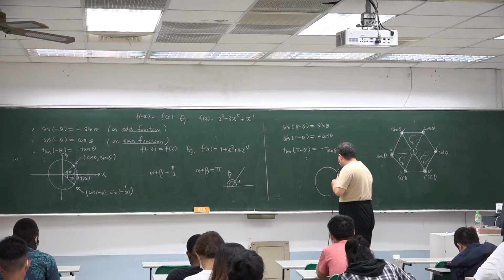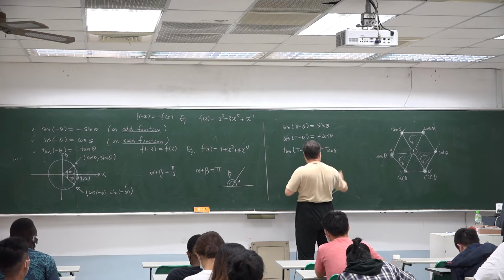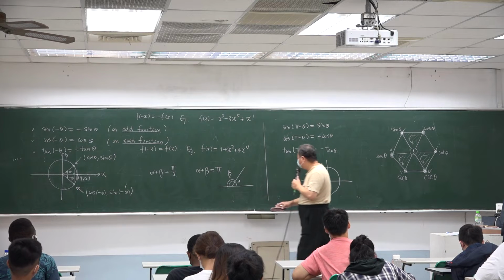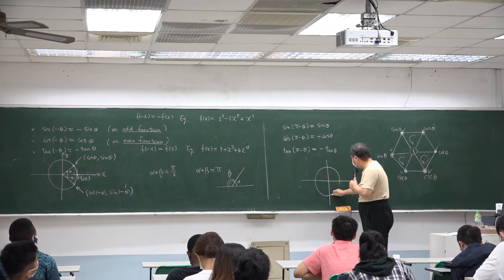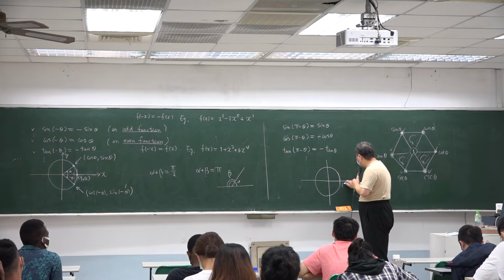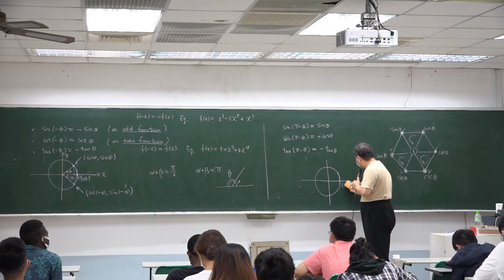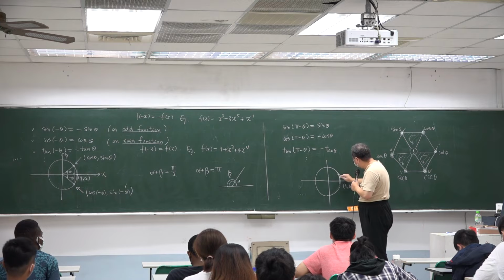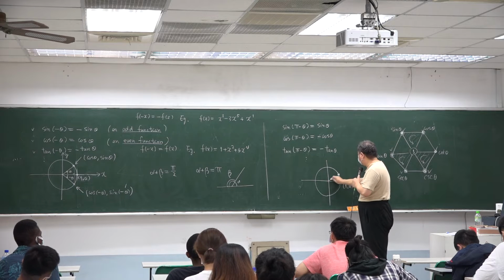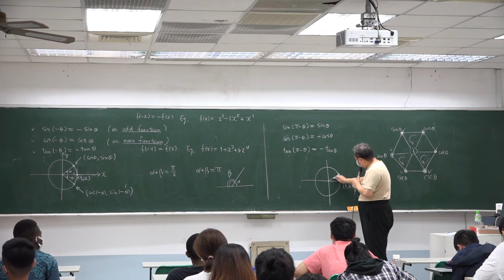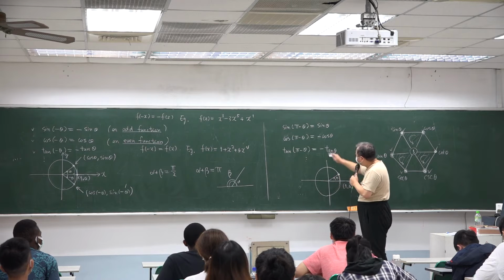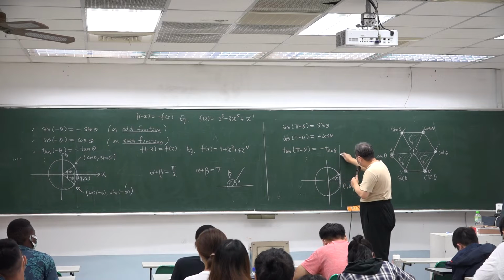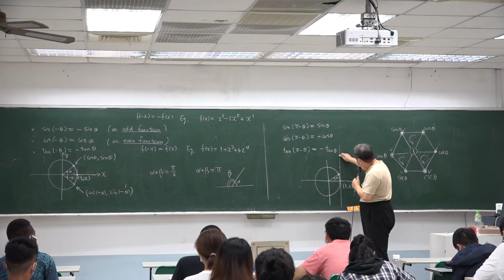Again, now, let's consider a small theta. Then soon we can generalize to any. Again, this is (1, 0). If theta is not big, here, theta. Then pi minus theta means move to pi.